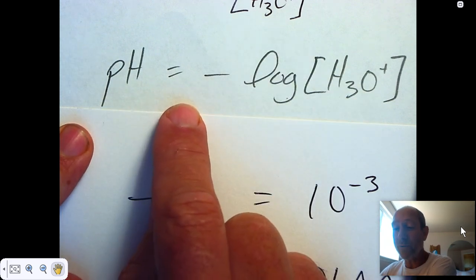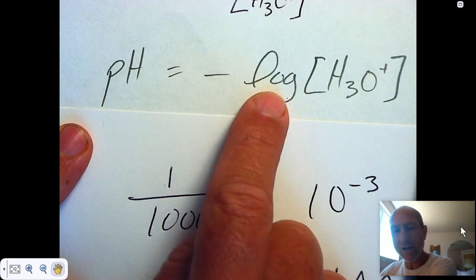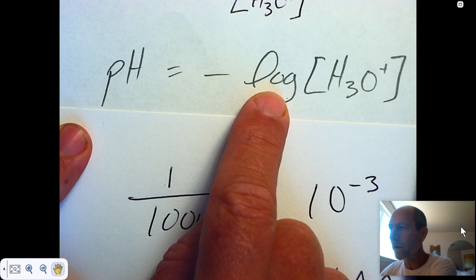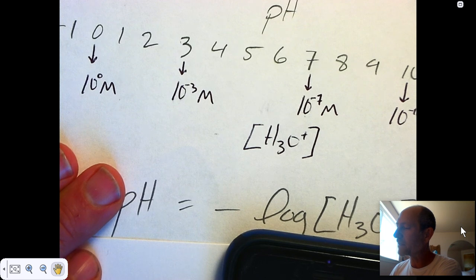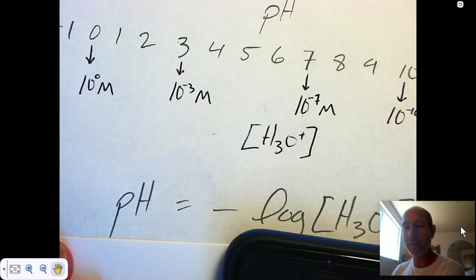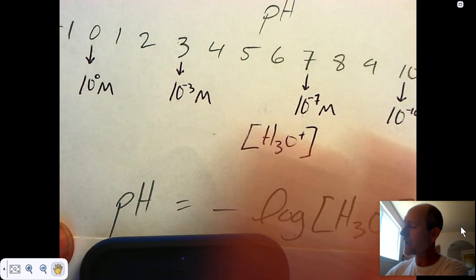There's such a wide range of acidity, they needed to put it on the log scale in order to condense it into something more convenient. Otherwise, you wouldn't end up with a scale of 1 to 15. You'd end up with a scale of 1 to 10 to the 15th, whatever that is. So it'd be cumbersome. So instead, they broke it down by the powers of 10. And that's where this comes from.